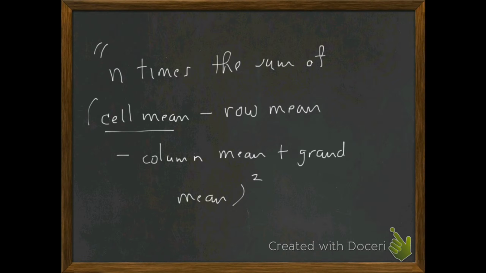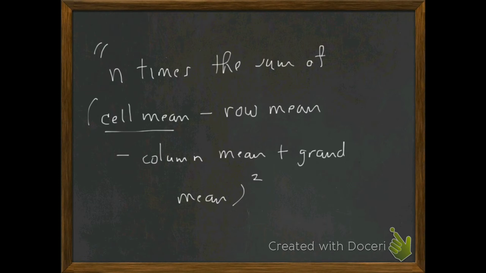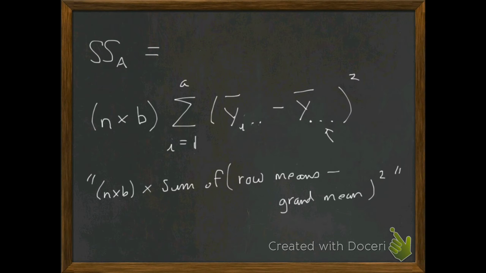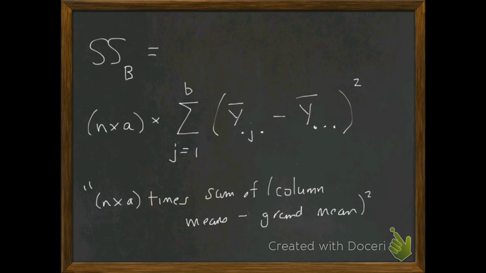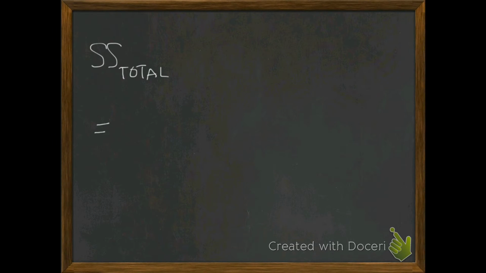Now, one final sum of squares, and this is the sum of squares for the total. Wait a minute, I've already given you that, right? What are we lacking? Yeah, okay, not bad. We need the sum of squares for the error.